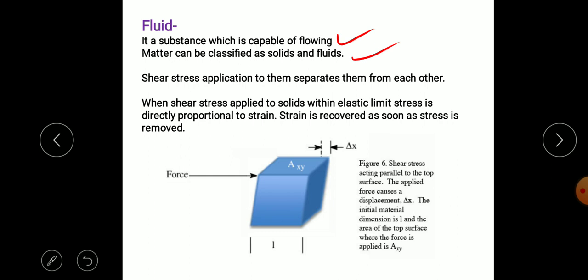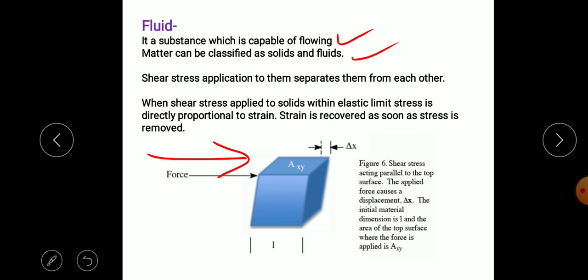So for solids, when we apply a force, that is the shear force, a tangential force over the surface.